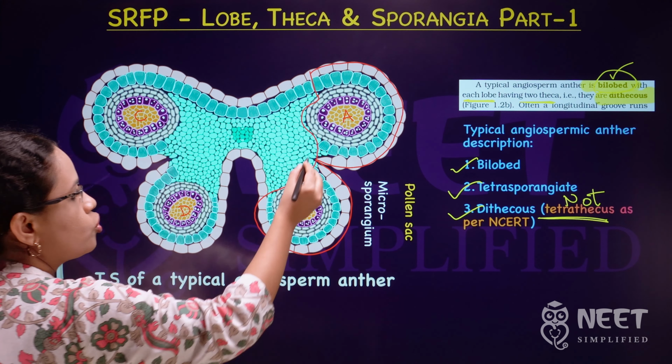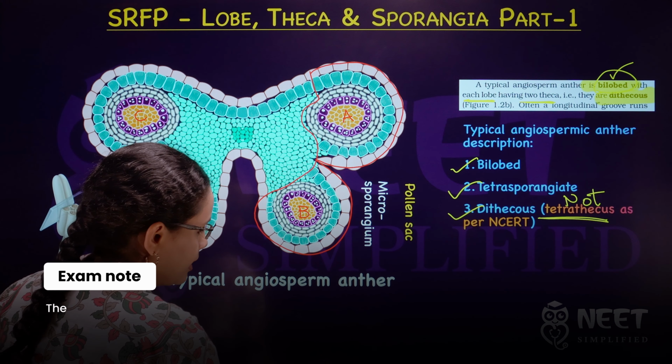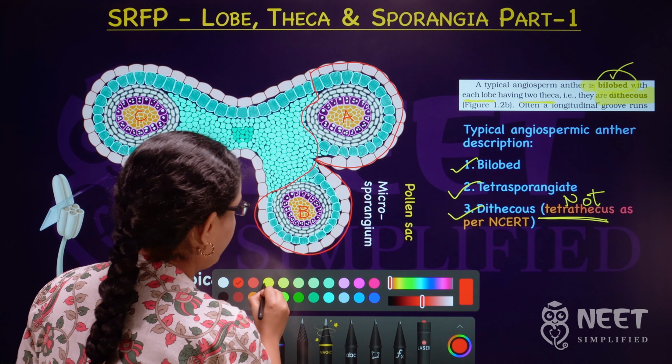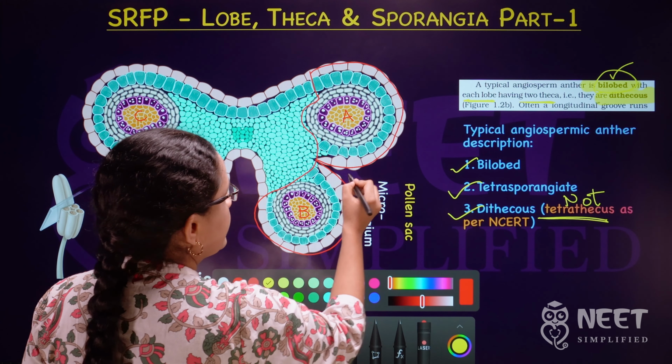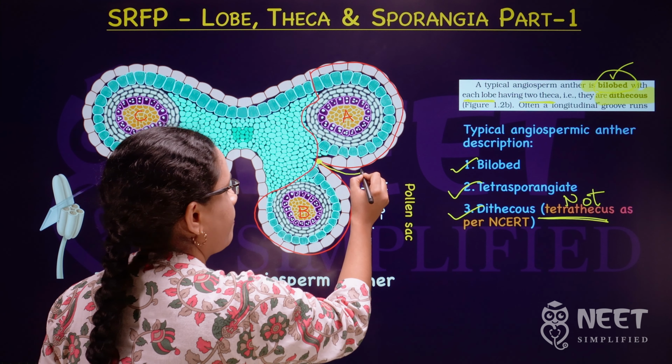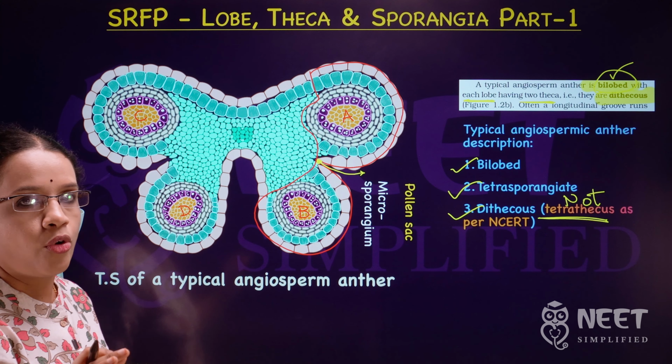We have two microsporangia and this together is forming a unit which we will call as one theca, because as you can see, they're originating together and the dehiscence happens through this common pore.